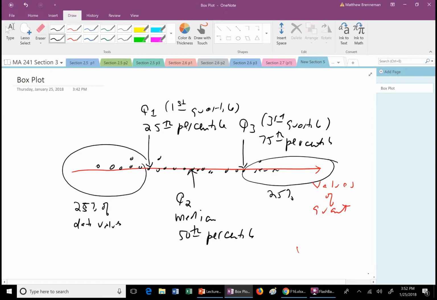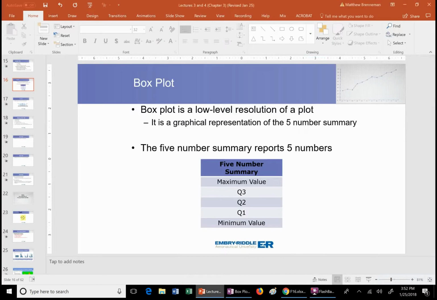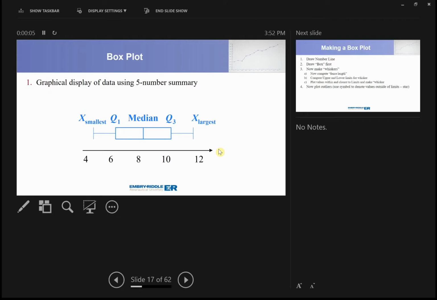So here's how the plot's going to look. We're going to make a box, so this is sometimes called a box and whisker plot. The lower end of the box is going to be where the first quartile is, which is around 6 in this case.